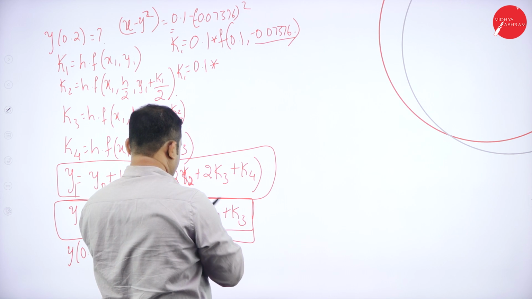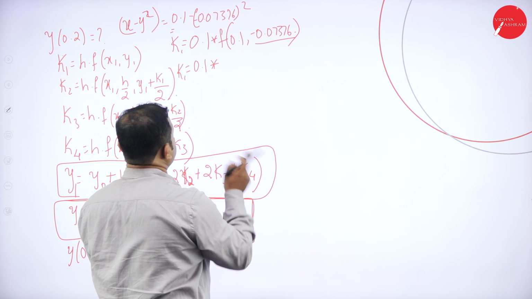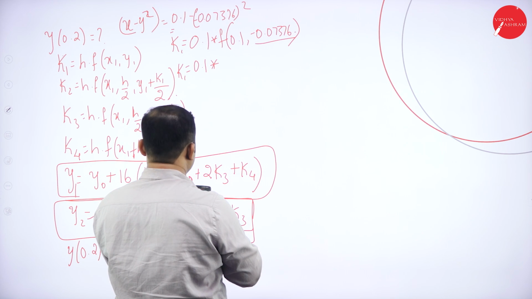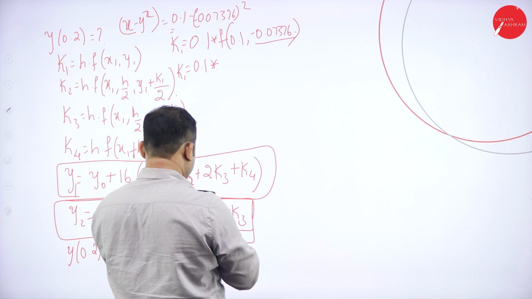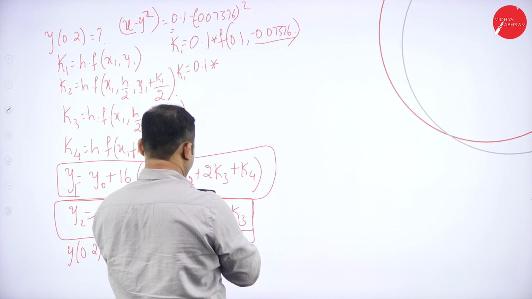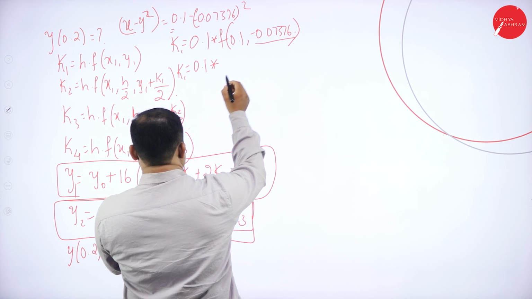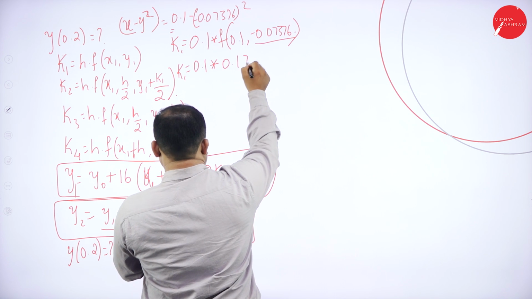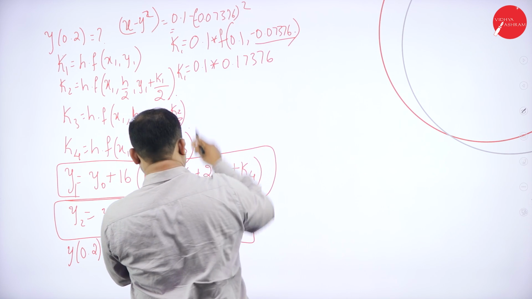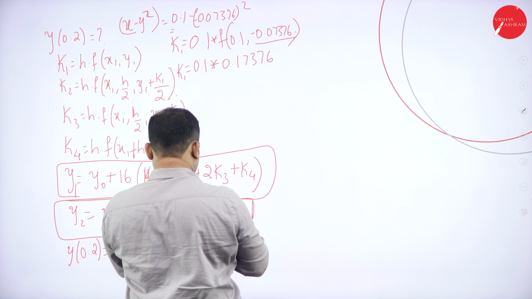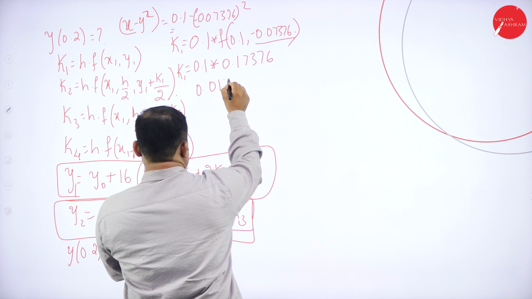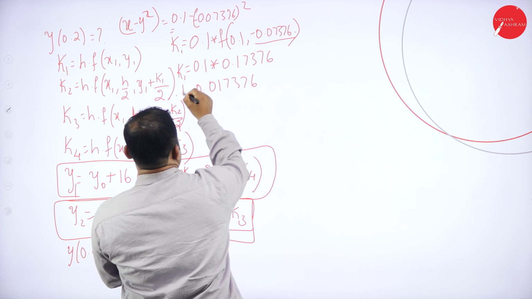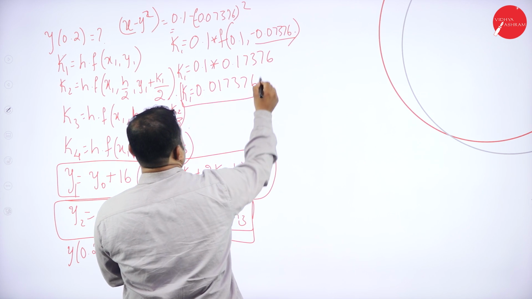That is 0.1 minus of minus 0.07376, that is equal to 0.17376. That has to be multiplied by 0.1. That gives us the value of 0.01736. That is k1 is equal to this value.